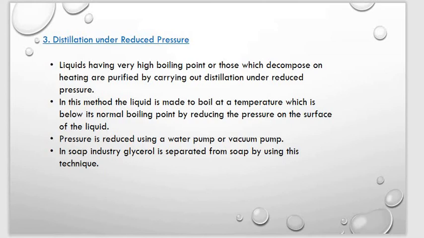In this process, pressure is generally reduced by using a water pump or vacuum pump. In the soap industry, glycerol is separated from soap by using this technique. I am repeating here: all those liquids which decompose at their boiling point are purified by distillation under reduced pressure.